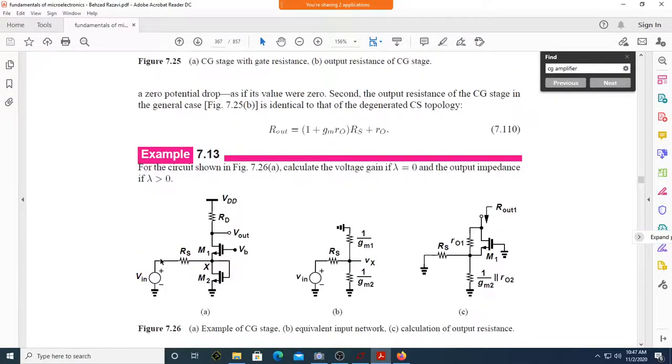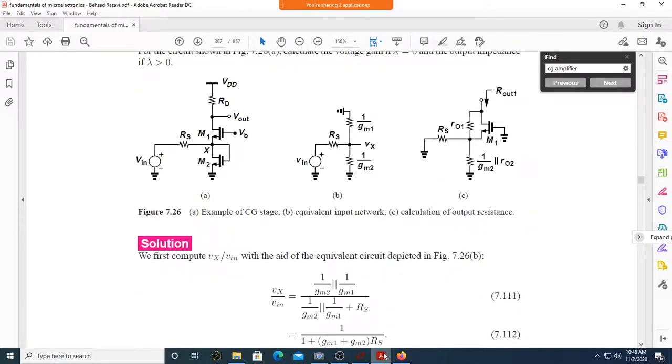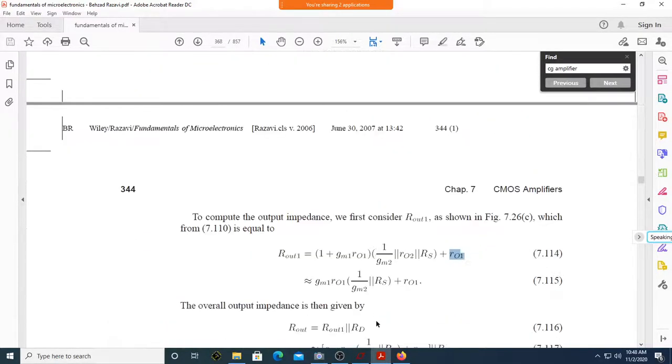What is the resistance of this network now? It is RS in parallel with 1 over gm2 in parallel with R02.